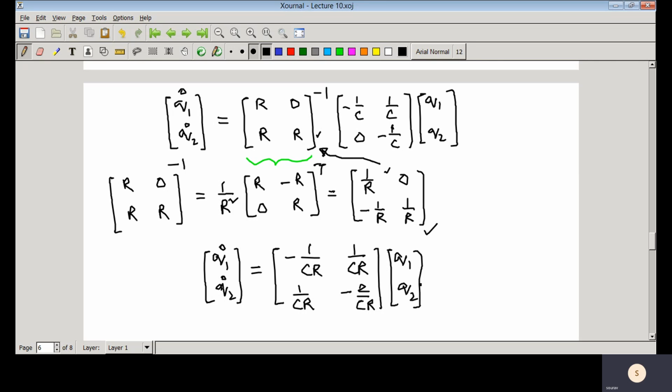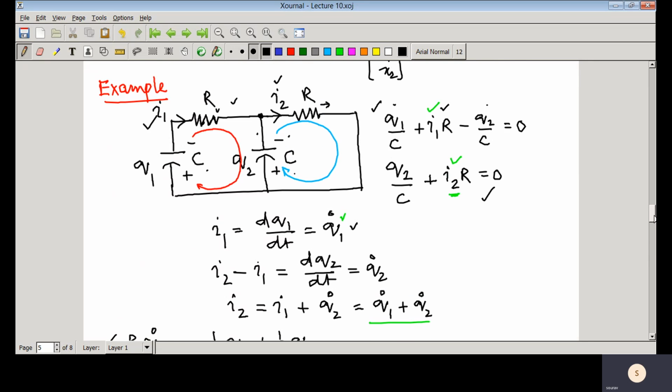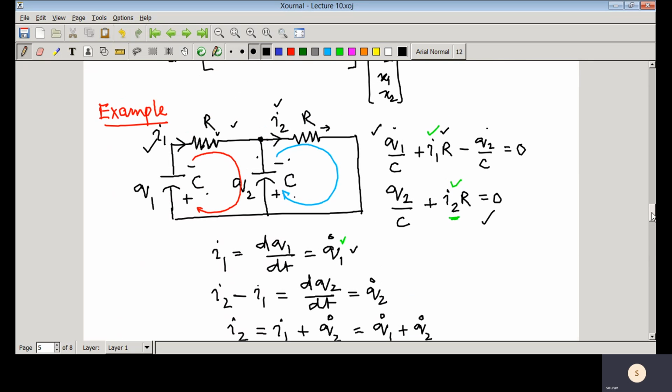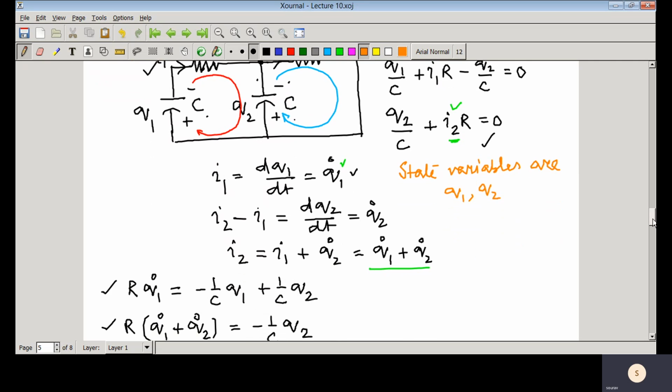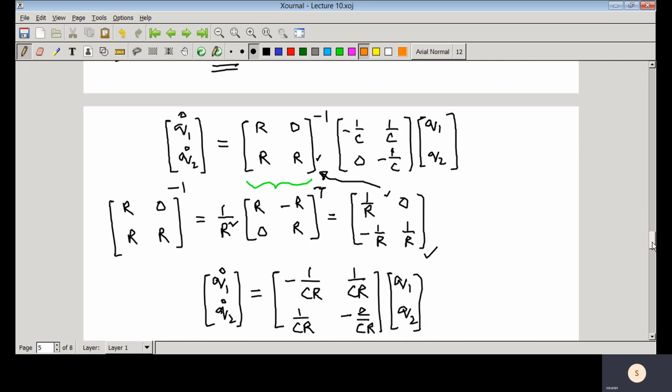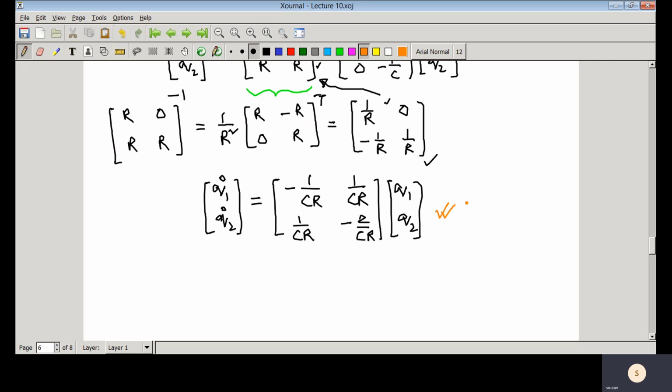So now you can see that this is the state space model of this particular circuit, where we have taken the state variables q1 and q2, the charges stored in the capacitor.